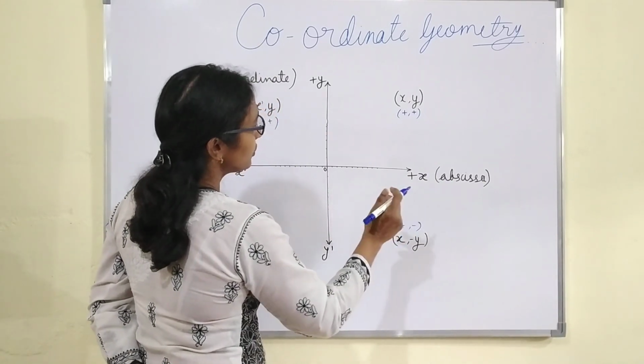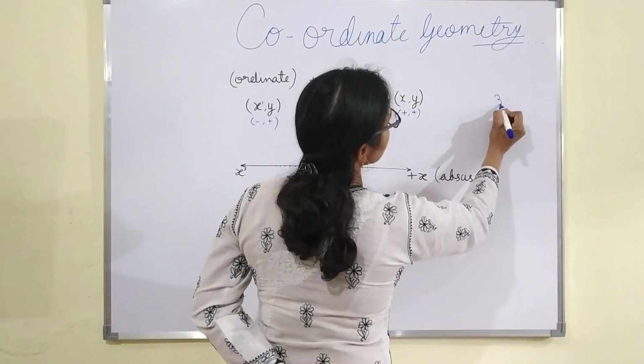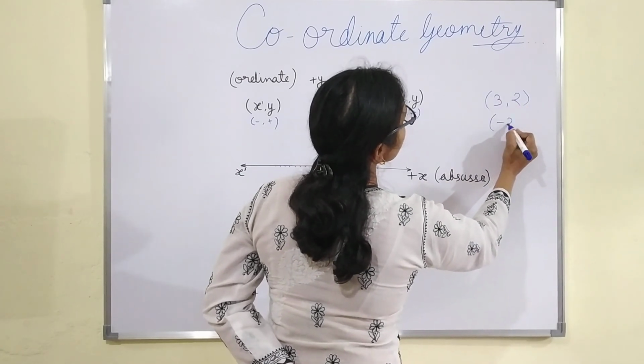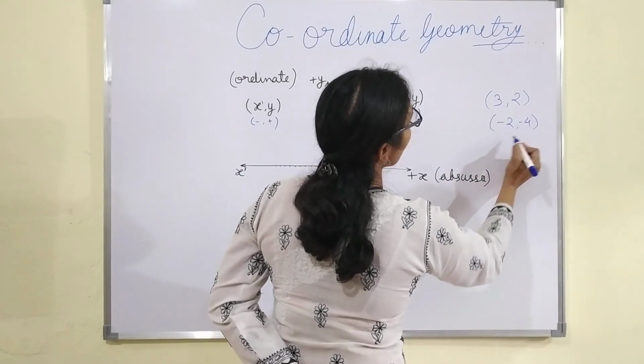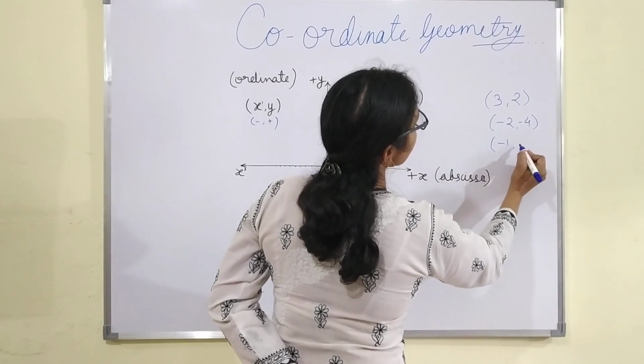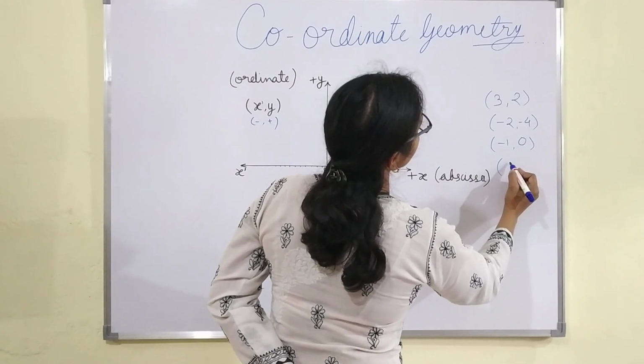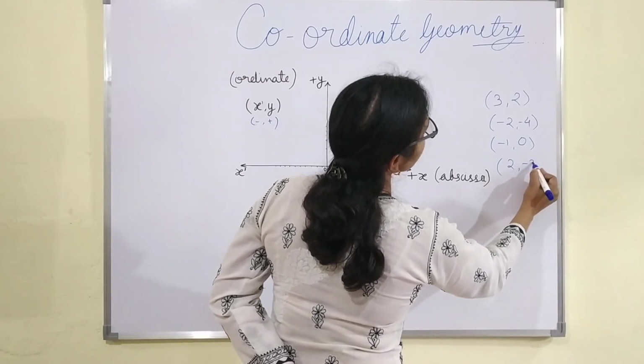Here I am taking a few examples: the coordinates (3, 2), (-2, -4), (-1, 0) and (2, -3).